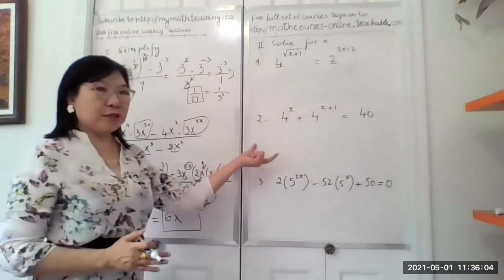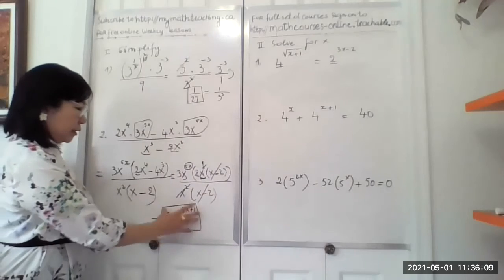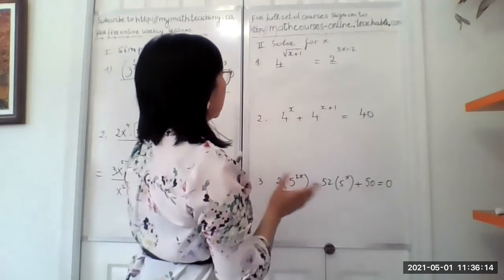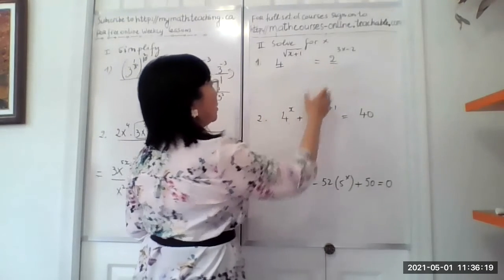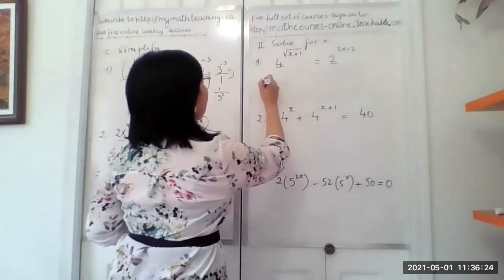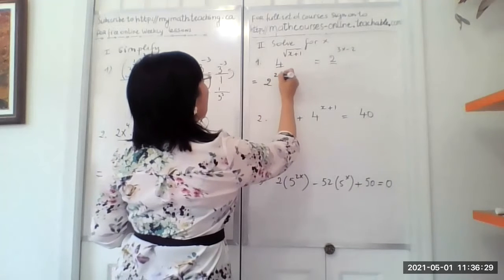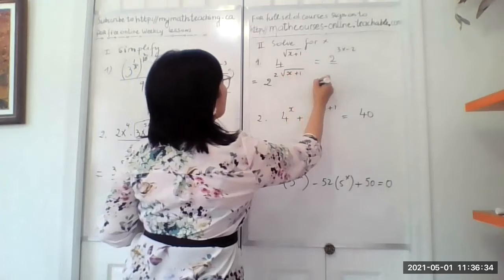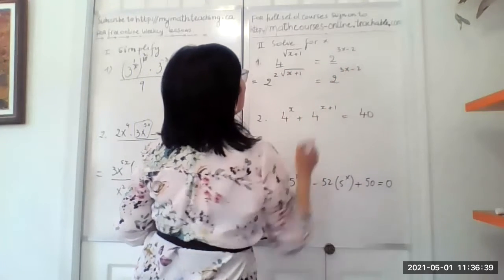So here is the equation, and we're going to solve for x. So here we just simplify, and this is our final simplification. And now we're going to do something with this. What I noticed is this is 4 and this is 2. It means I can turn them into the same base. So I'm going to change this 4 to 2 to the power 2. And on the top, I still have the square root of x plus 1 equal 2 to 3x minus 2.